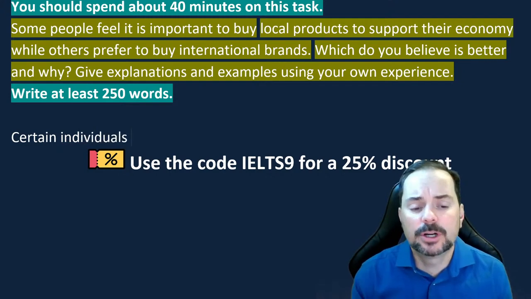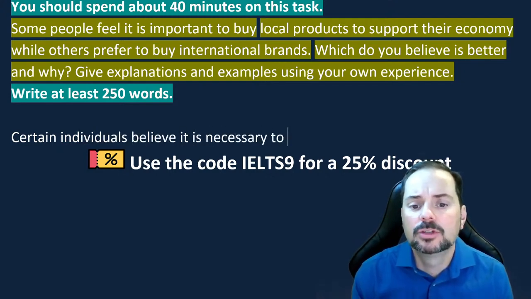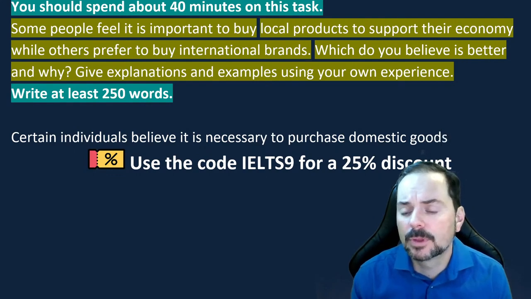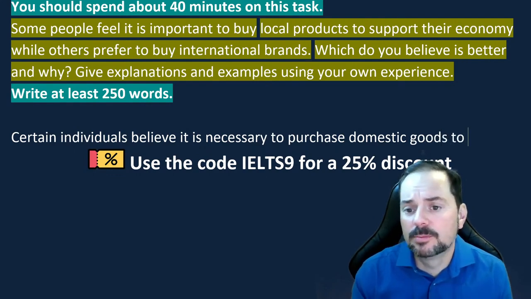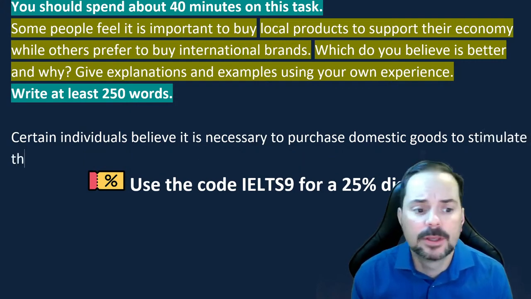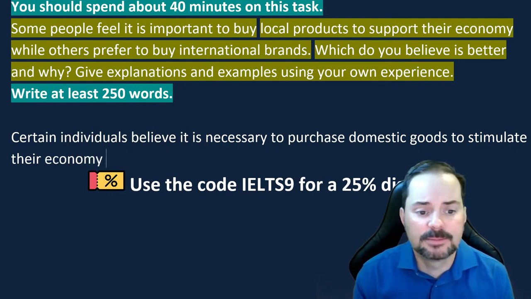Feel it is important, believe it is necessary, to buy, to purchase local products, domestic goods, to support, to stimulate their country's economy. I'm going to keep economy the same.